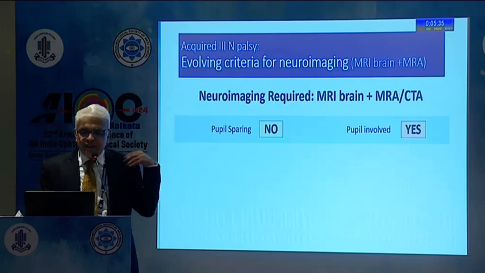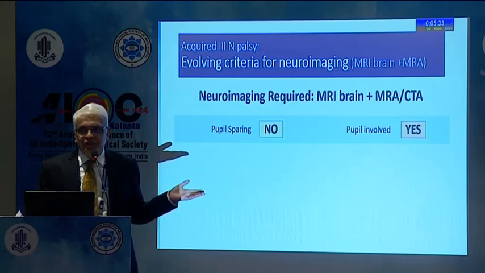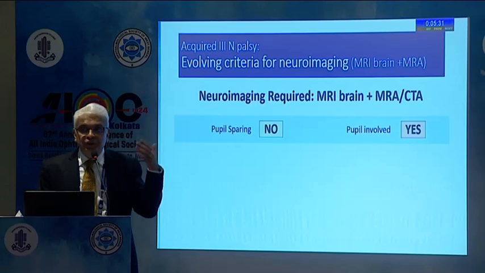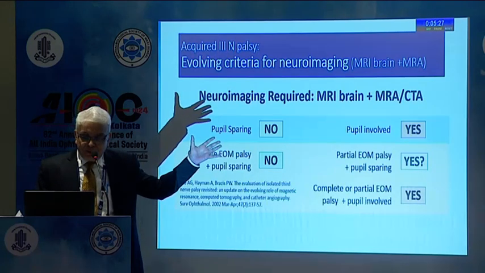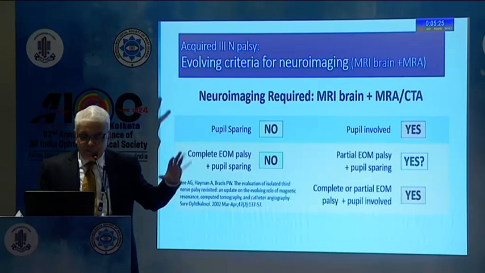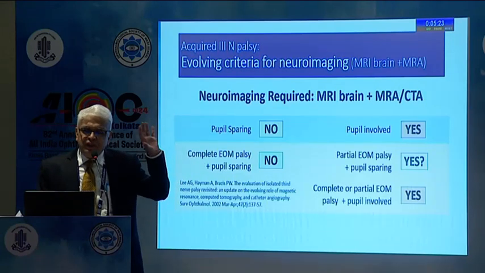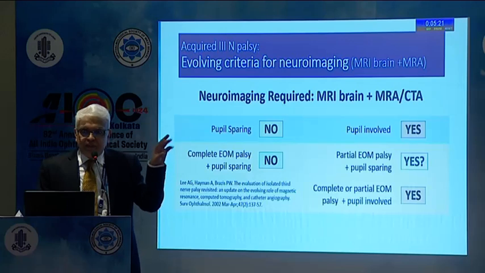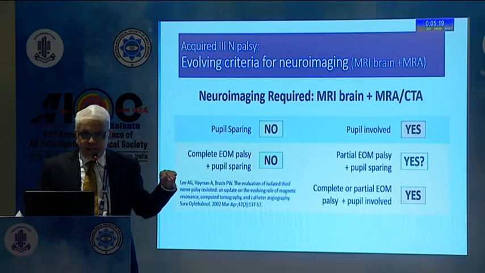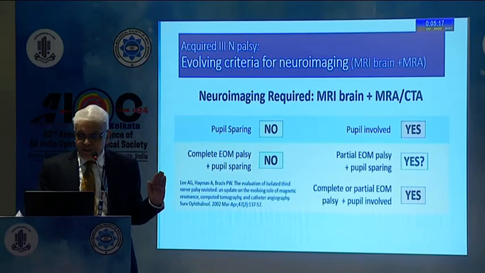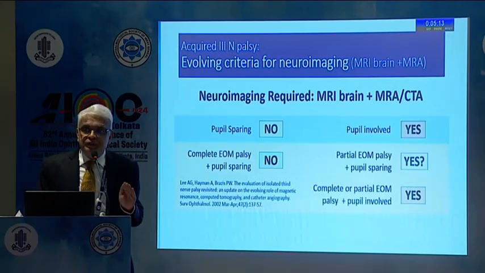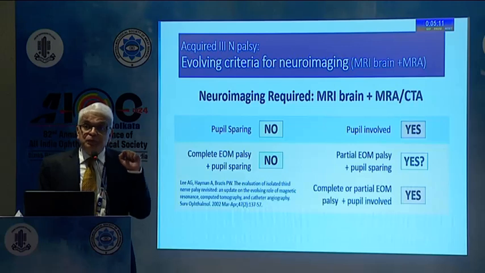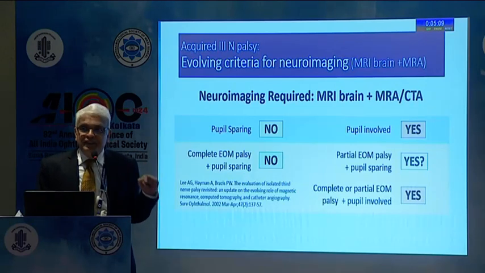So earlier when we studied, it was: pupil sparing, it's usually ischemic; if it's pupil involved, you must do an MRI. Over time, sometime around 2000 or so, Andy Lee came up with this understanding that if you have complete third nerve muscles involved, but the pupil is completely spared, there's no need to image these patients. But if you have partial involvement of the third nerve muscles, even if the pupil is spared, you should scan them.